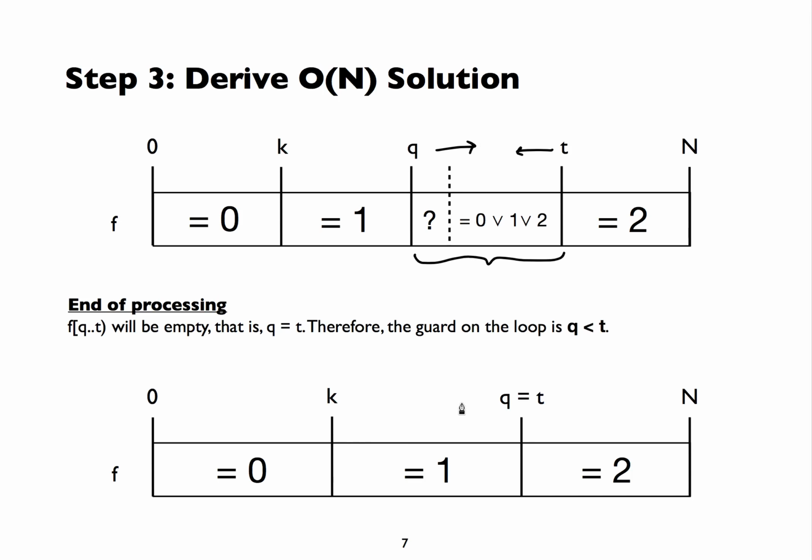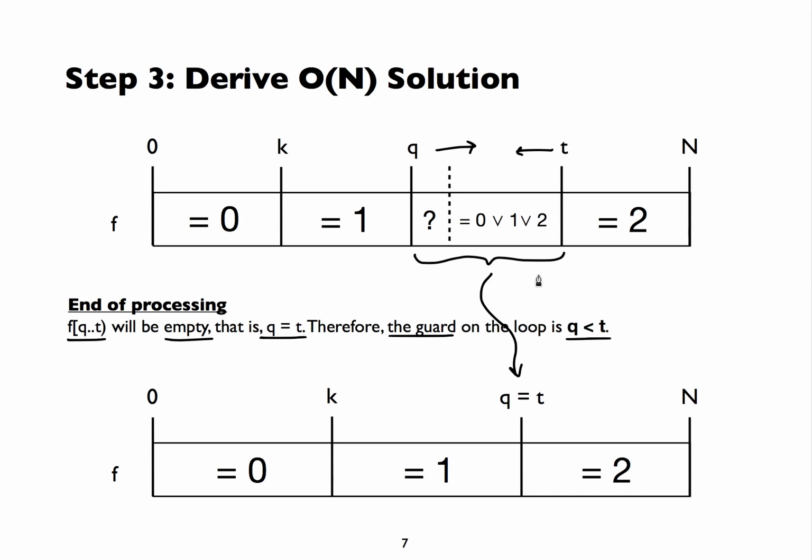So if we draw a little diagram that represents this, that unprocessed segment will eventually be of size 0 and q will equal t. So therefore, at the end of processing, the segment from q to t will be empty. That is, q will equal t, and therefore the guard on our loop will be q less than t.